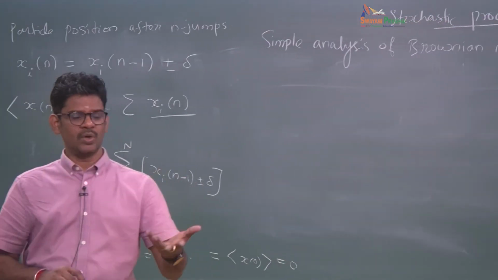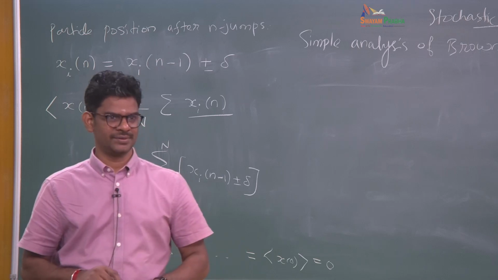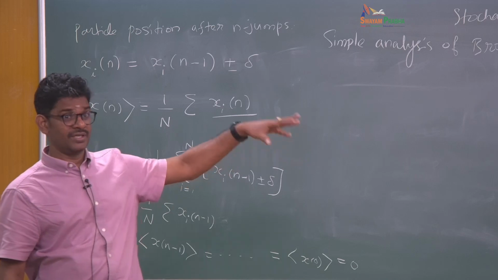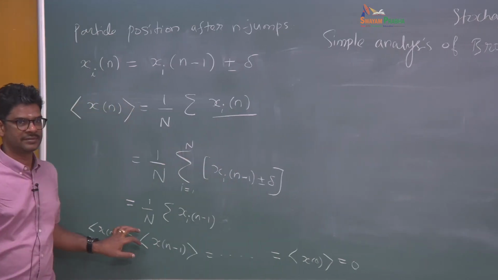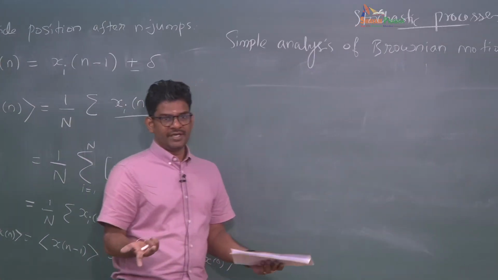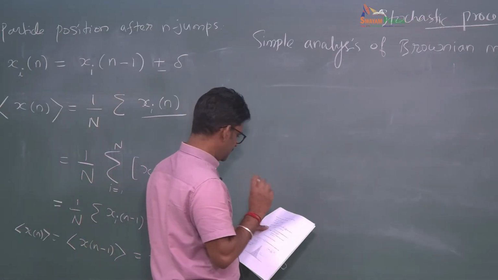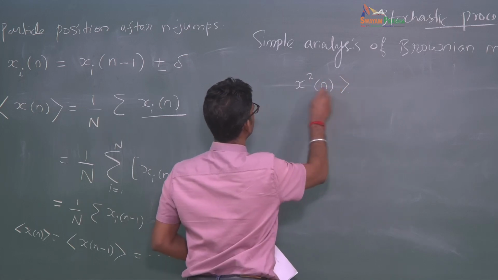Okay, so we can ask, what is the mean square position? Mean is 0, but what about the mean square position? The same way when I looked at the current fluctuation, I looked at the mean square, right? Similarly here we can ask, what is the mean square position of this particle? And we see whether that is going to survive or also vanish. So what we want is this x square and the mean of this.